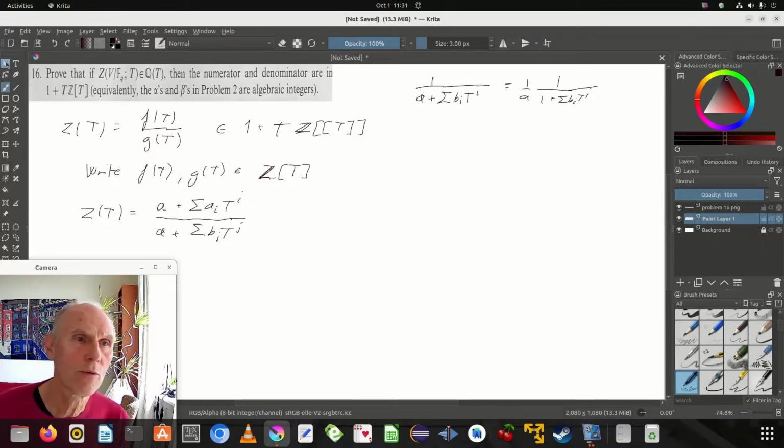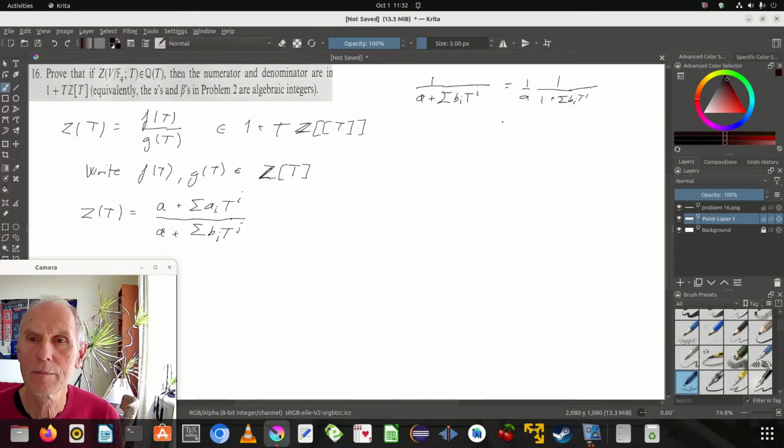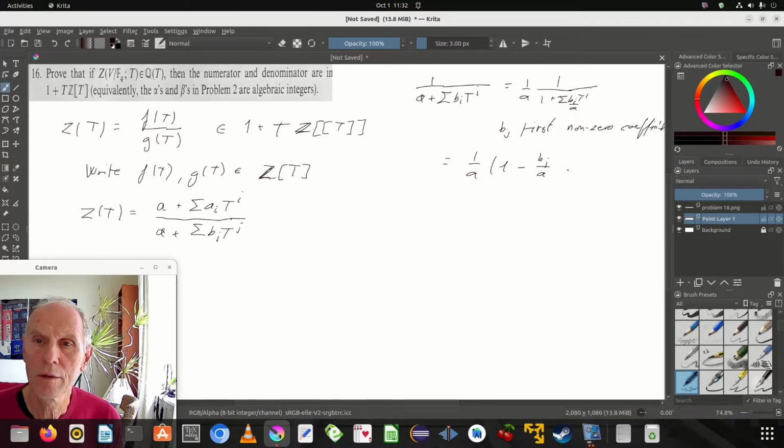So we go forward till we see the first non-zero coefficient. Oh, this is b divided by a. And then higher terms.